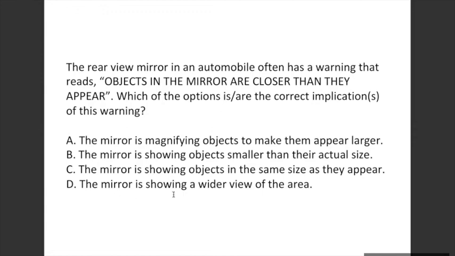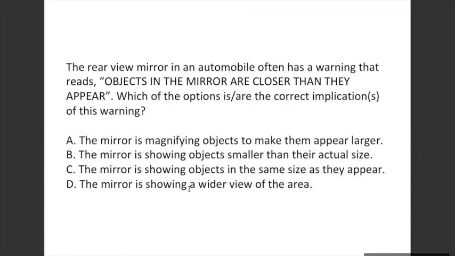Now, if the objects appear as the same size, the purpose of the mirror to show a vast expanse is lost, because it shows the actual size, which is very big compared to showing slightly smaller objects with a wider view. That's why options B and D are correct.